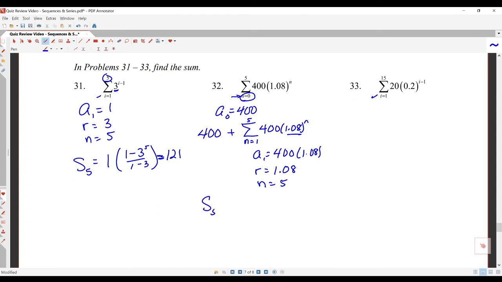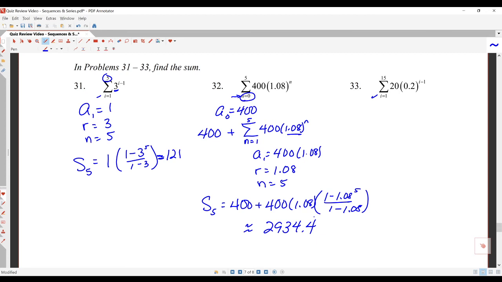So my fifth partial sum is going to be that 400 plus A1, 400 times 1.08 times 1 minus R to the N over 1 minus R. Do all that out, we get 2,934.4.